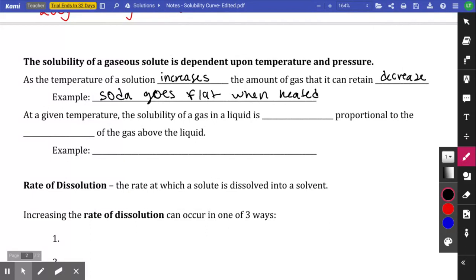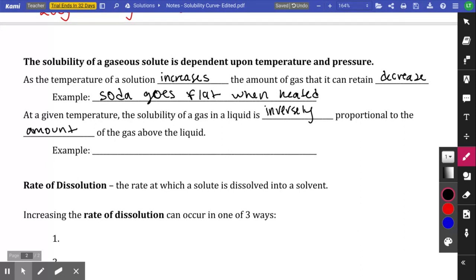At a given temperature, the solubility of a gas is going to be proportional to the amount of gas above the liquid. So what this basically is telling us is that the greater pressure we have, the more we're going to be able to dissolve of a gas. So the higher the pressure, the greater the solubility of a gas.